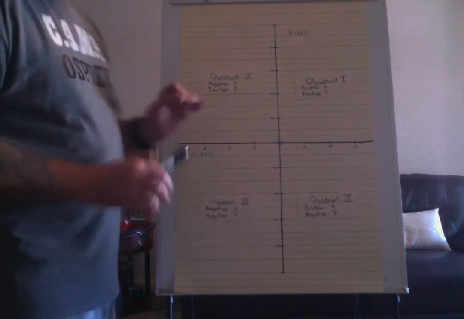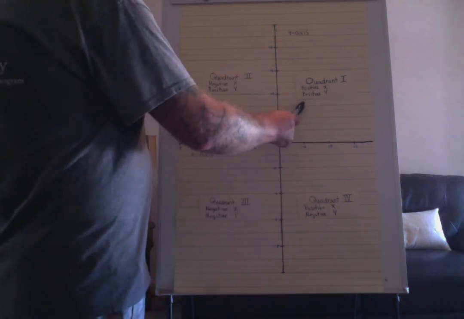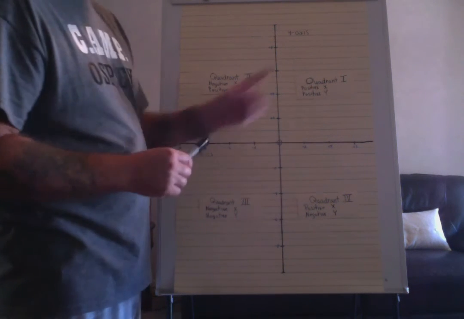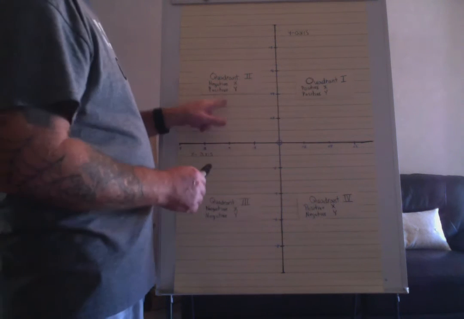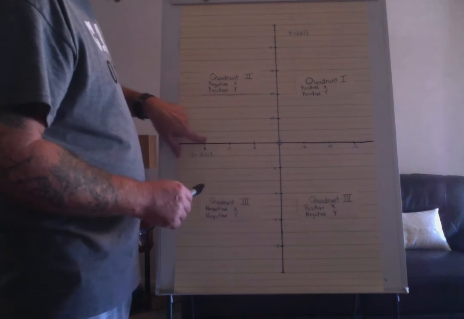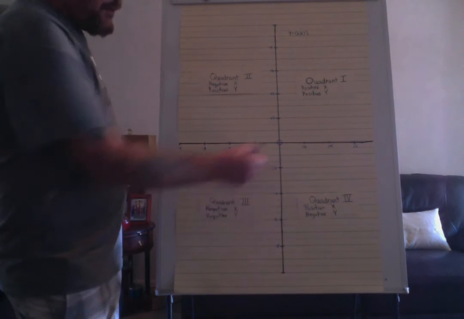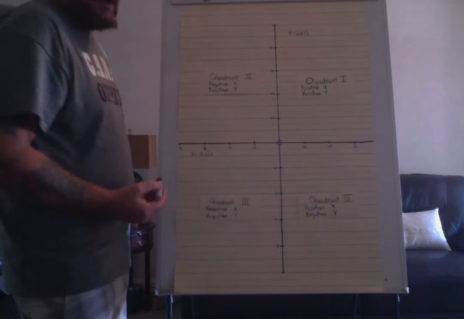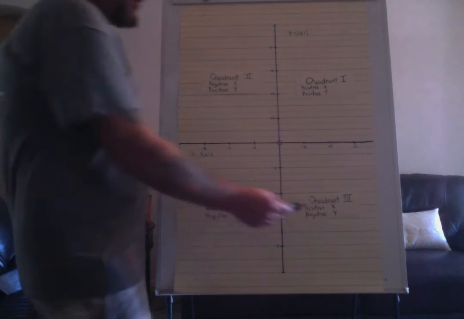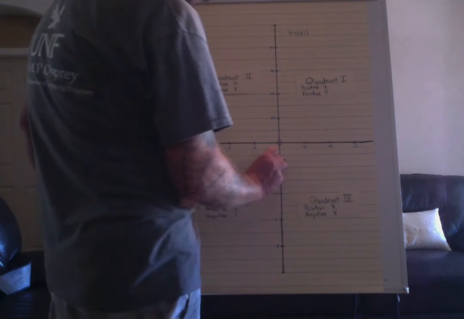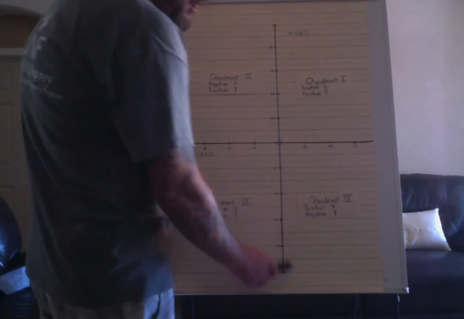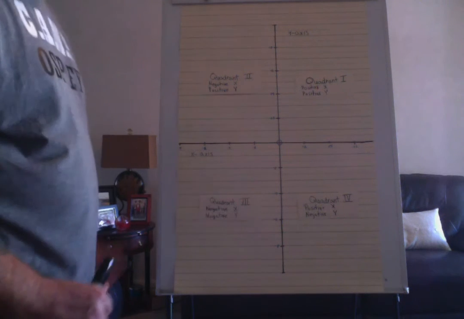Now that we know all of our quadrants: quadrant 1 has x and y values both positive, quadrant 2 has the x value negative but the y value positive, quadrant 3 has the x and y values both negative, and quadrant 4 has the x values become positive again but the y values become negative.